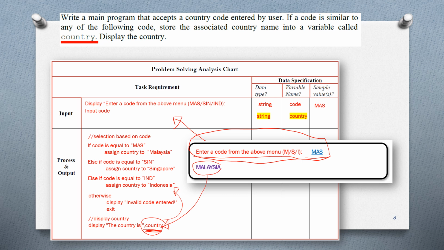So if the code is MAS, then country has been assigned the value of Malaysia. Same goes for Singapore and Indonesia. And if the user enters an invalid code, then we will display the error message and then we will exit.